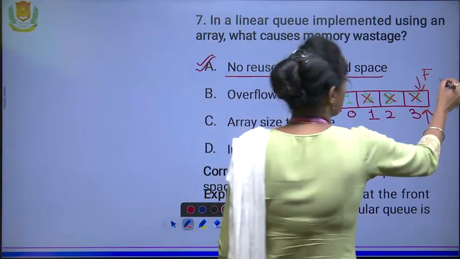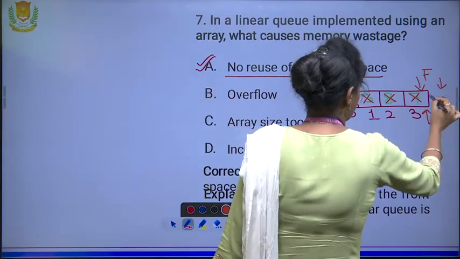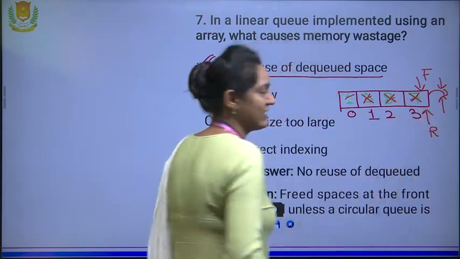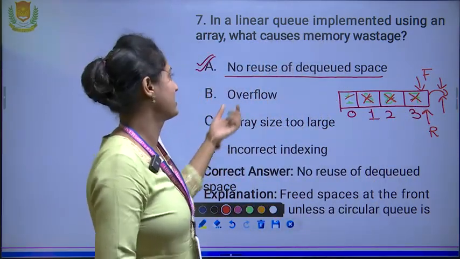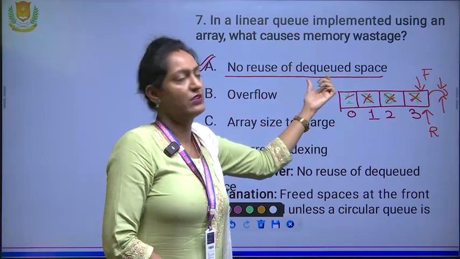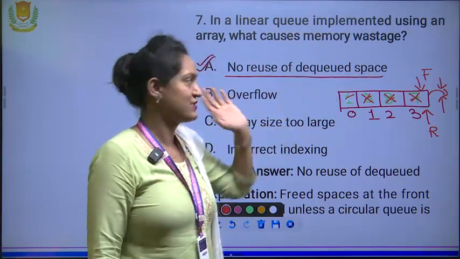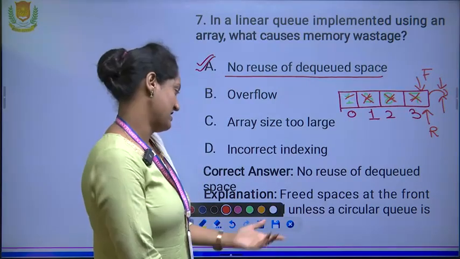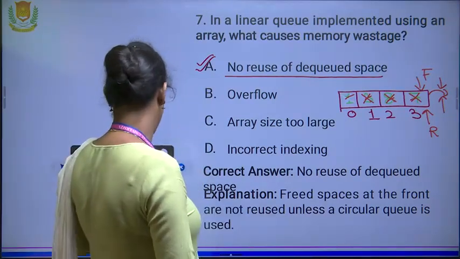After that it goes here, right? But we cannot use these spaces. That is why the answer of this question is no reuse of dequeue spaces. So the correct answer is option A, right? So we will go to the next question.